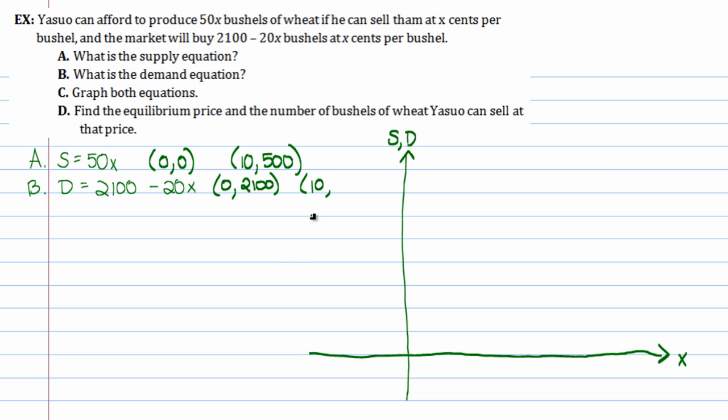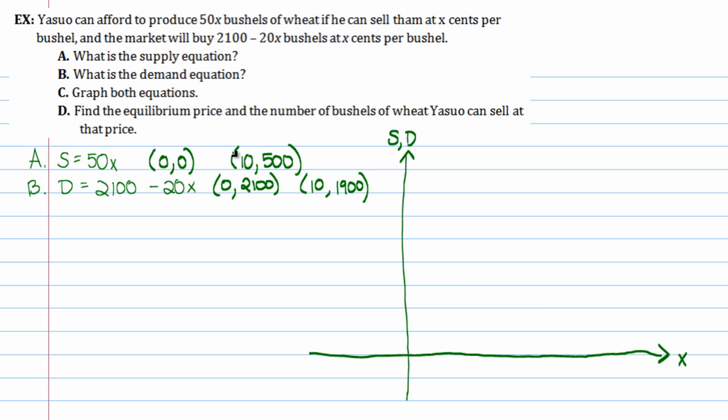And if the price is 10 cents per bushel, as I mentioned a moment ago, they'll demand 2100 minus 20 times 10, which is equal to 1900 bushels. Now it's important that when we build this table, and I'm calling this a table, though it's not really a table, when I make these points, I think about the scale on my axes.